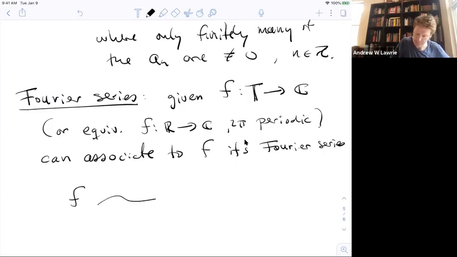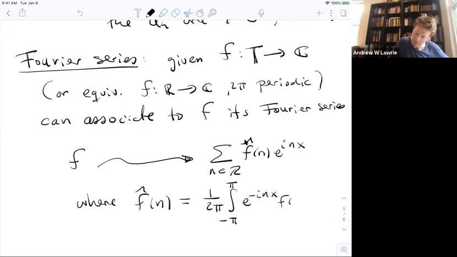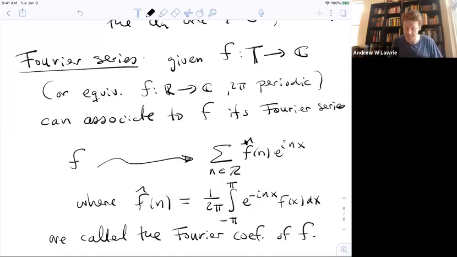So given an f, we associate to it a series where I sum over all n in Z of f hat of n e^{inx}, where the f hat of n are called the Fourier coefficients of f.